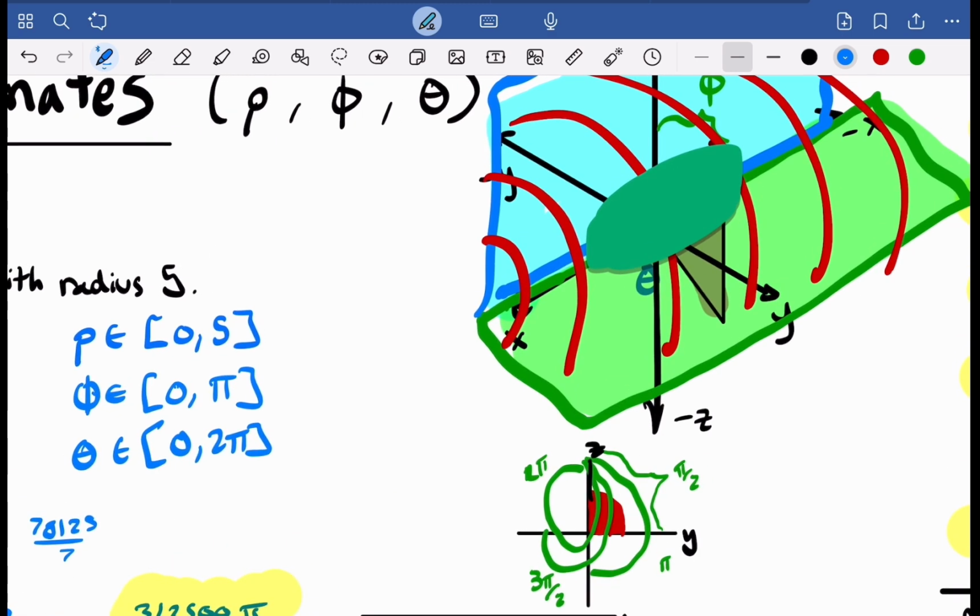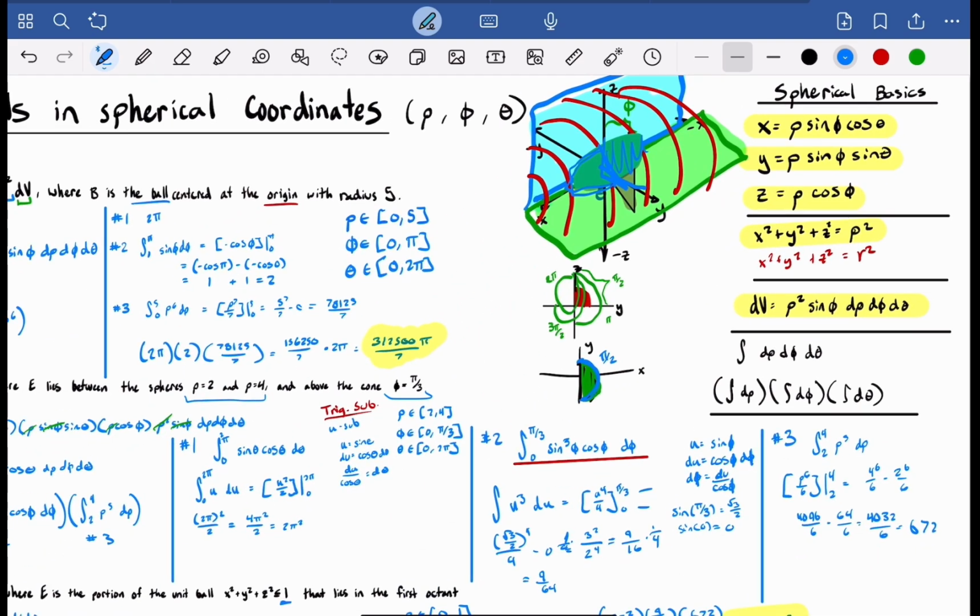Unless I'm thinking of it wrong and the first octant is actually going to be defined as cut off. This is not part of the image, and we actually have not a quarter of a sphere, but an eighth of a sphere.